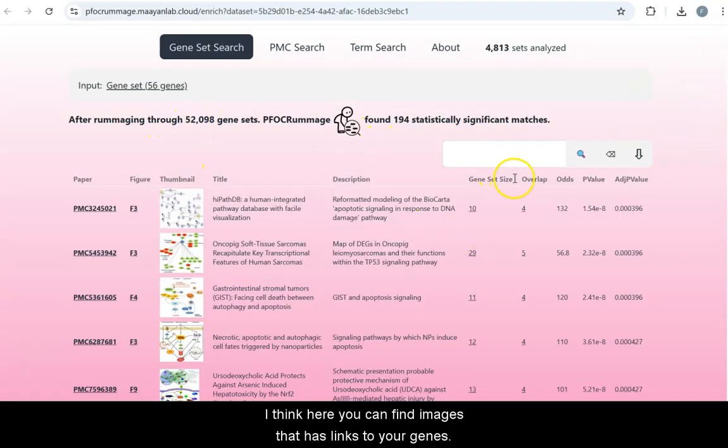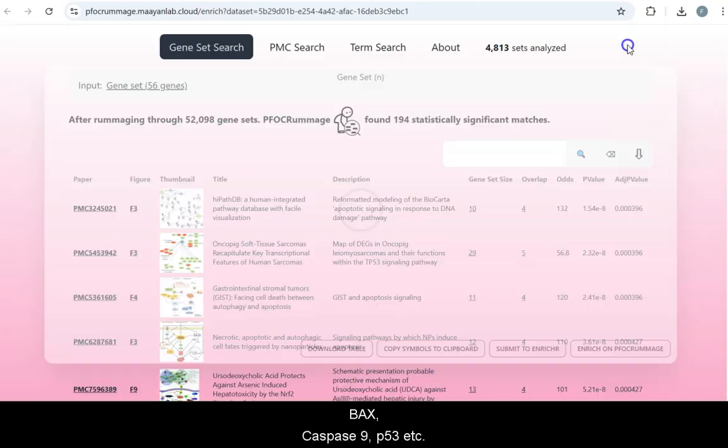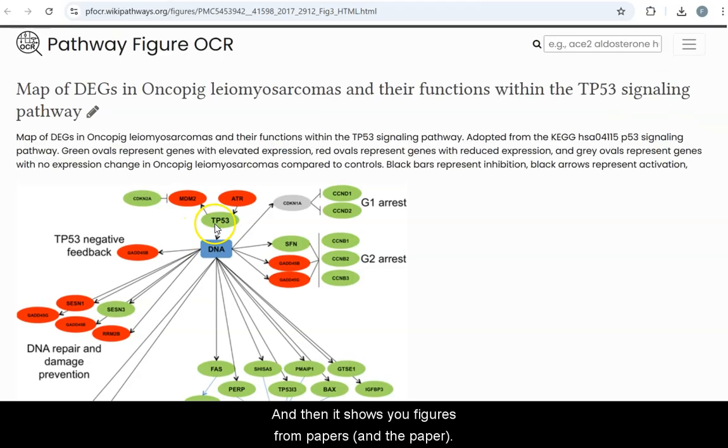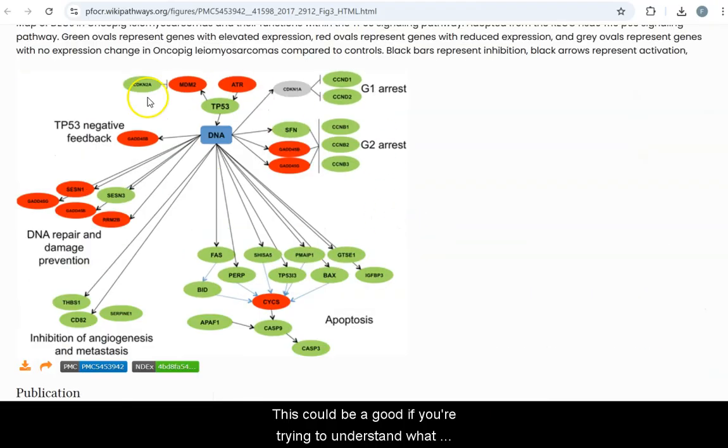This one is also very cool, I think. Here you can find images that have links to your genes. So here, for example, we had 5 of our genes, BAX, caspase-9, p53, etc. And then it shows you images or figures from papers and shows you the paper and then the images.